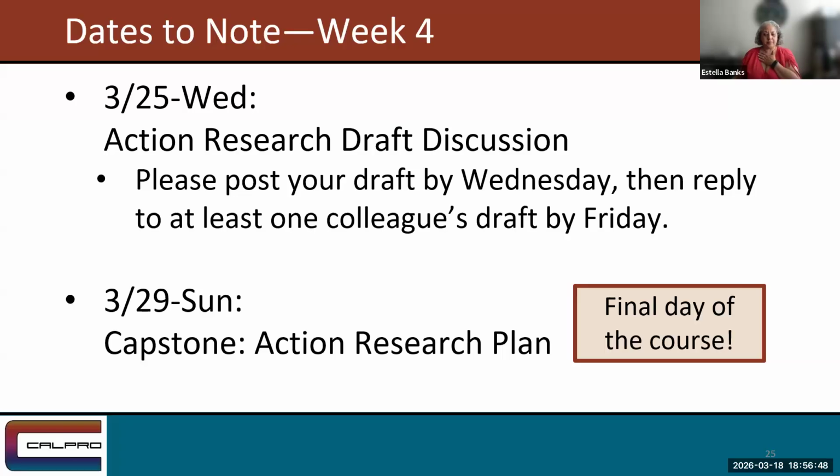And then by Sunday, you'll want to complete and submit your action research plan. Your colleagues are depending on you to come back in, look at their drafts, and give them feedback so that they can make the revisions and submit their final. So hopefully you can put that on your calendar and make time so we can help each other.